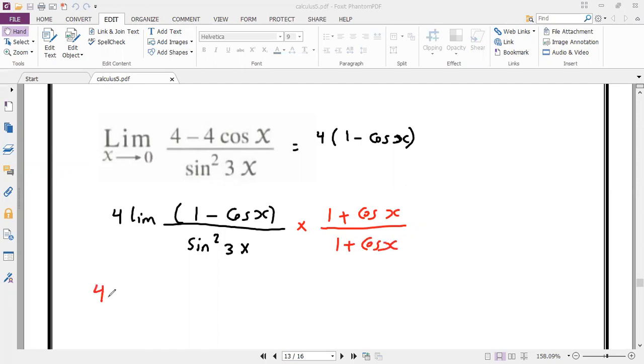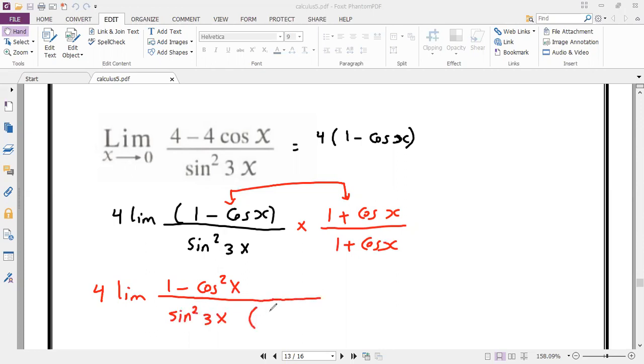So that is going to be 4 times the limit of 1 minus cosine x multiplied by 1 plus cosine x. That is going to be 1 minus cosine squared x over sine to the power of 2 3x multiplied by 1 plus cosine x. Here 1 minus cosine to the power of 2x is going to be sine to the power of 2x.